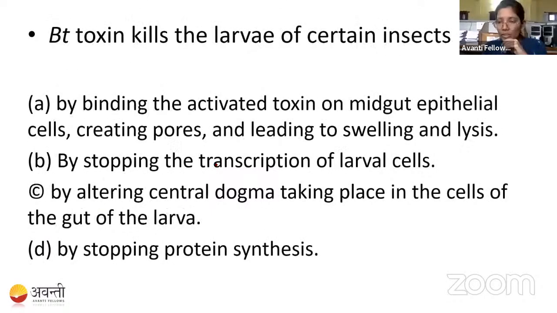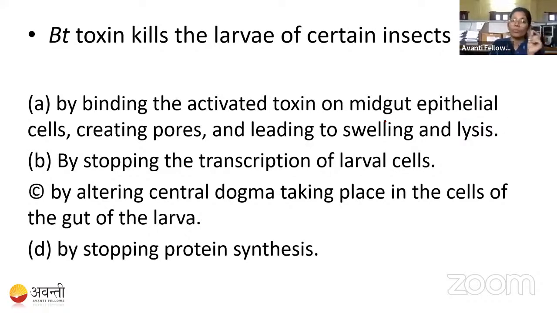Now, the next question. Bt toxin kills the larva of certain insects. Yes, it kills, but how? Option A: by binding the activated toxin to the midgut epithelial cells, creating pores and leading to swelling and then lysis.